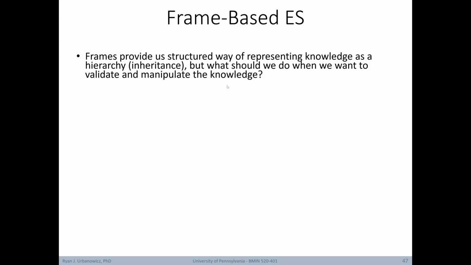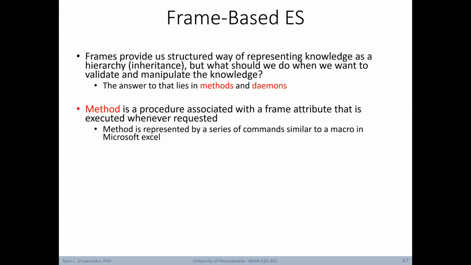Now let's take a quick look at frame-based expert systems. Frames provide us a structured way of representing knowledge, as we've seen, as a hierarchy of inheritance. But what might we do when we want to validate and manipulate that knowledge? The answer to that lies in the methods and daemons of a frame. A method is a procedure associated with the frame attribute that is executed whenever requested.